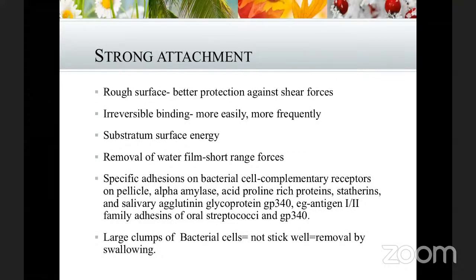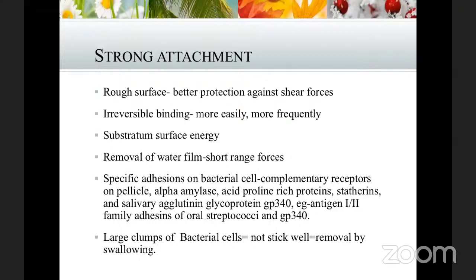How does the strong attachment occur? A rough surface provides better protection against shear forces. So if the surface is rough, the attachment is greater. That's why after scaling and root planing, we always tell our students that polishing is a very, very important thing.